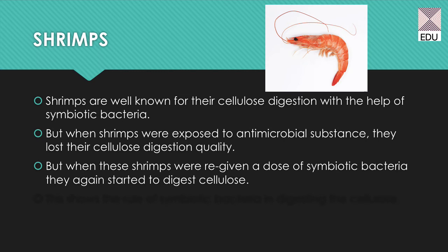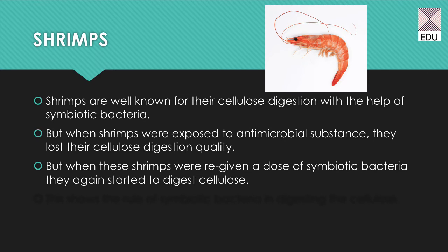So after giving antibiotic, they lost their cellulose digestion. But when those shrimps which were given the antibiotics were re-given a dose of symbiotic bacteria, they again started to digest the cellulose.